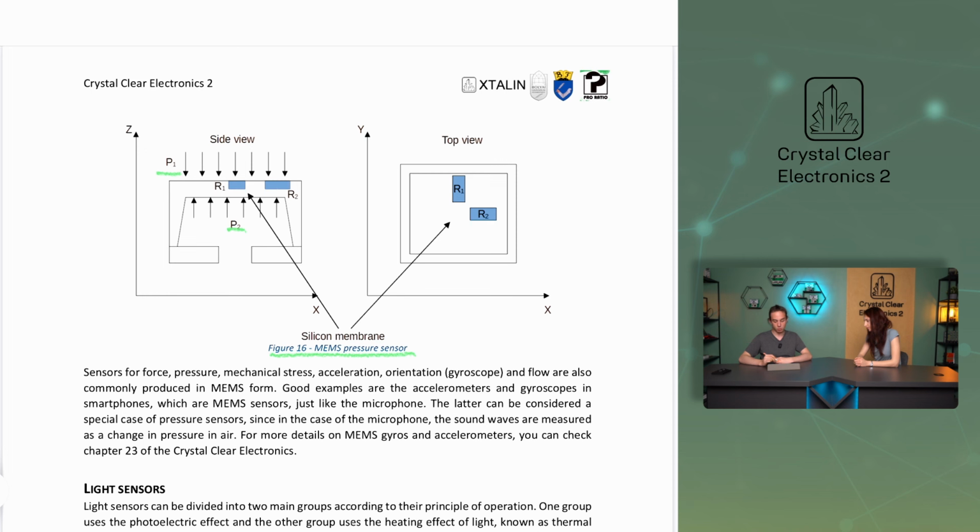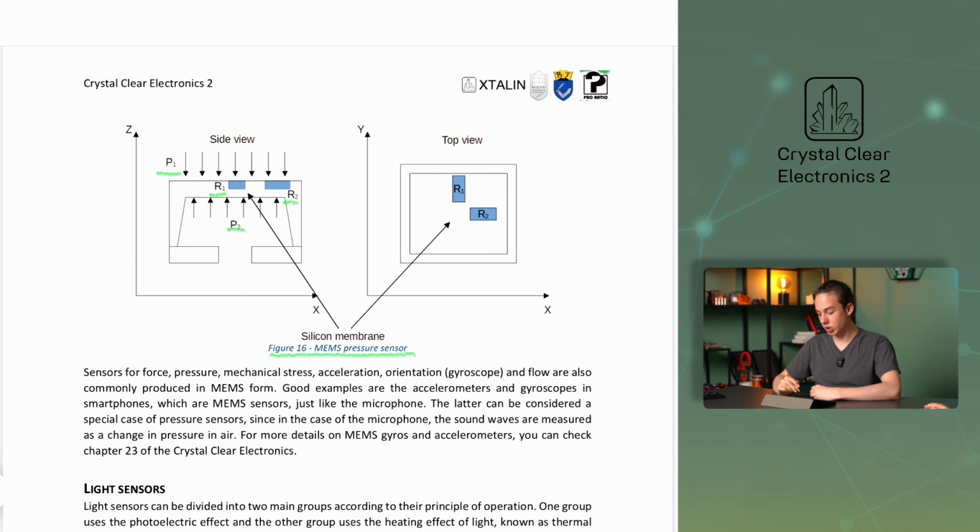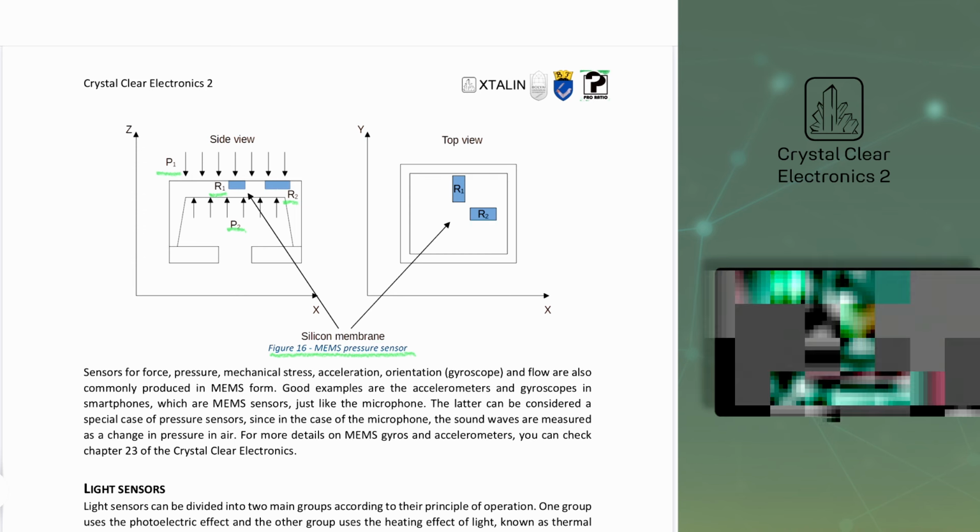The sensor can measure the difference between the pressure values P1 and P2 using piezoresistive sensors, with resistors R1 and R2 embedded in the silicon membrane. In principle, one sensor could be sufficient, but using two sensors and clever measurement techniques, the sensor can compensate for the elongation caused by temperature changes that would introduce error into the measurement.